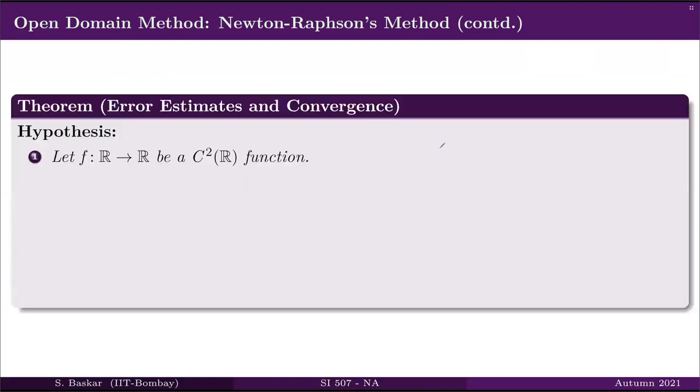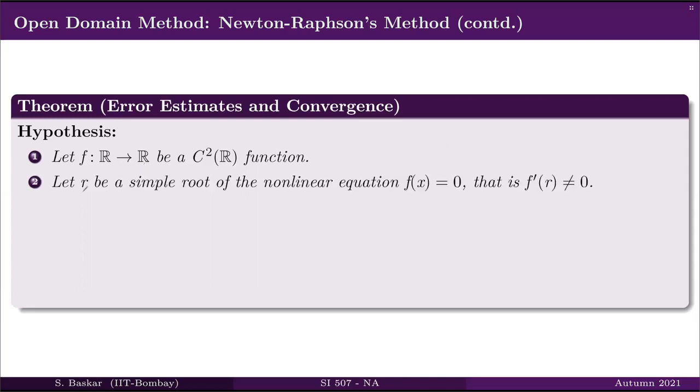Let us now try to prove the convergence theorem for Newton-Raphson method. The statement and the idea of the proof are more or less the same as we did in the secant method. The hypotheses of the theorem are as follows. Let f be a C2 function, and the root that we are interested in is a simple root for the nonlinear equation f of x equal to 0.